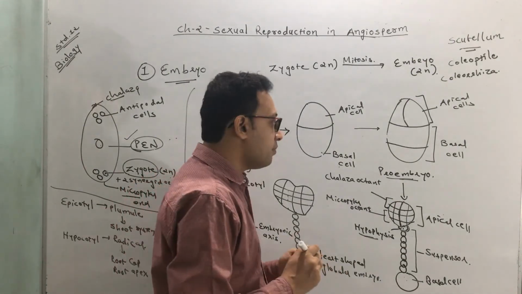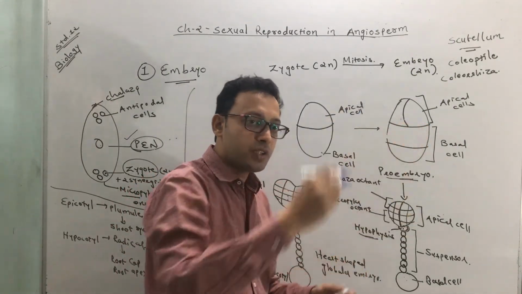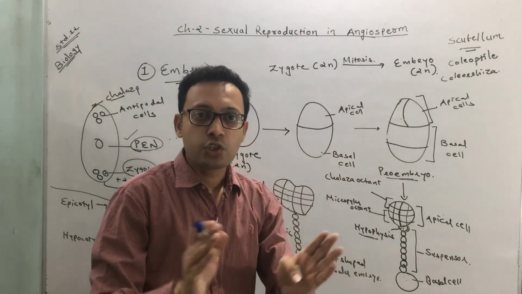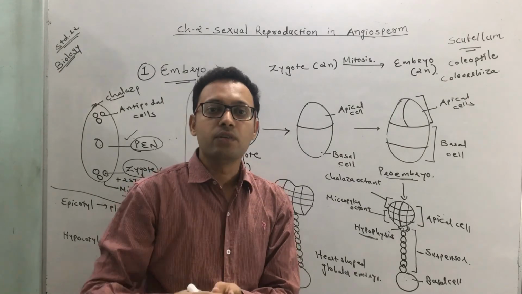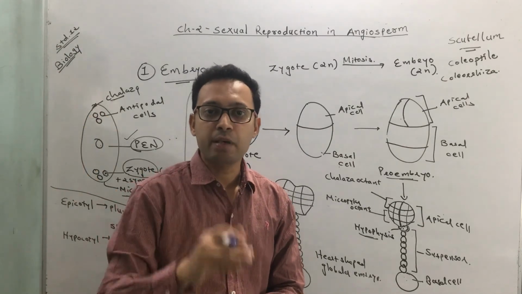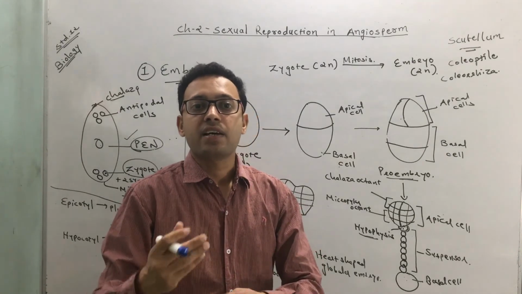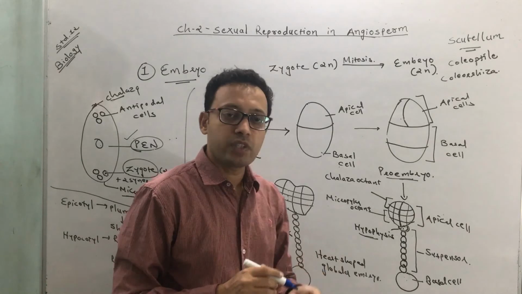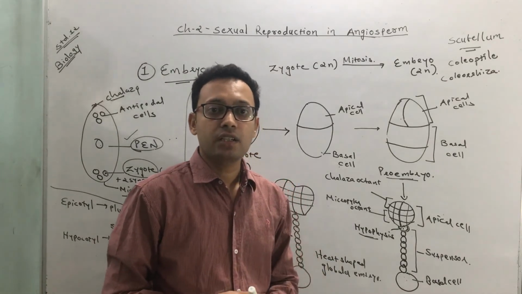During the meantime, the apical cell also starts to divide. So initially we have how many cells? 2. It divides, 2 cells become 4 cells, 4 cells become 8 cells, 8 cells become 16 cells. But remember, each division occurs at right angle to the previous division. So ultimately 16 cells are formed.